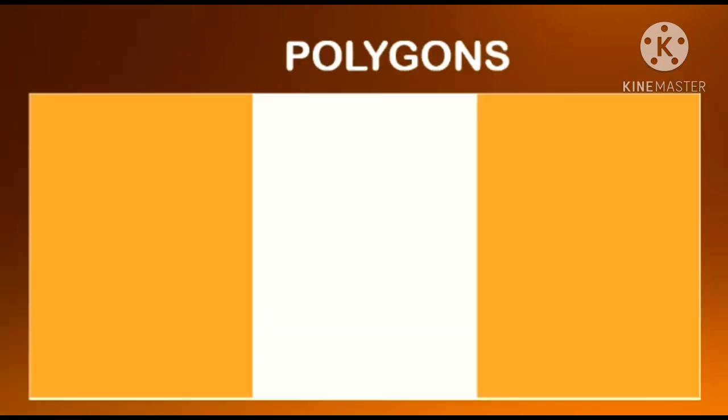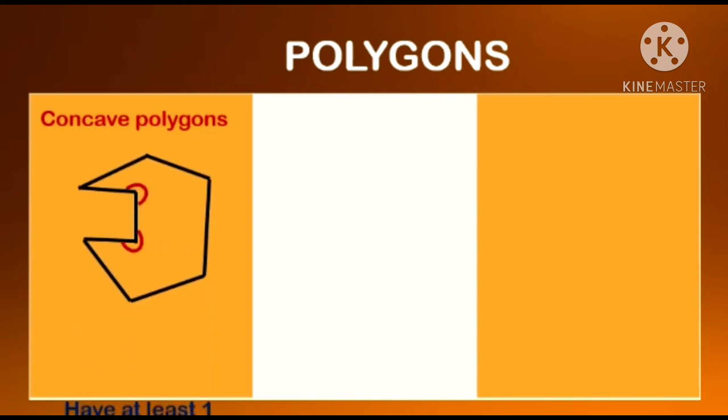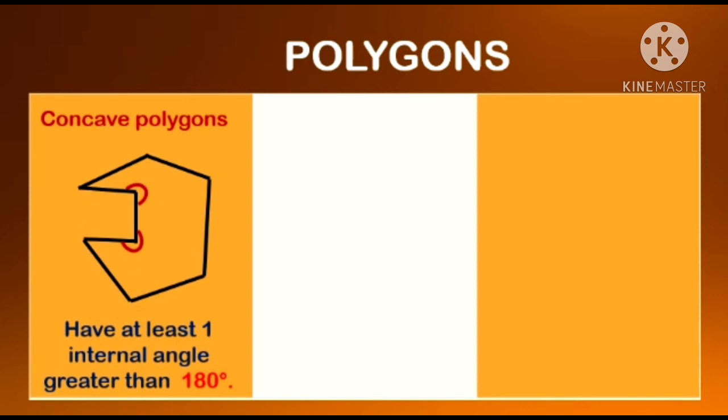And I wish to show you some more polygons for your general information only. First one is concave polygons. Concave polygons have at least one internal angle greater than 180 degrees. Second one is convex polygons.